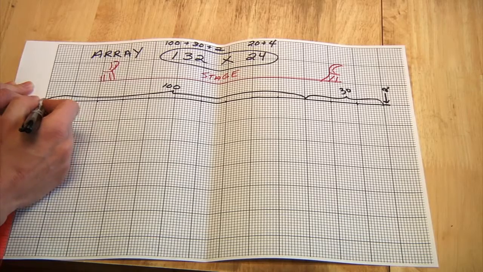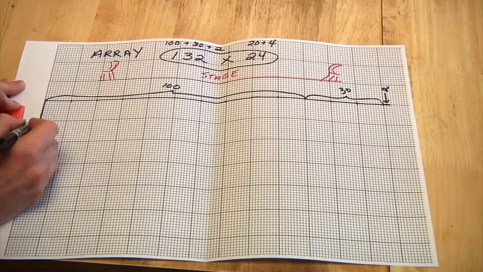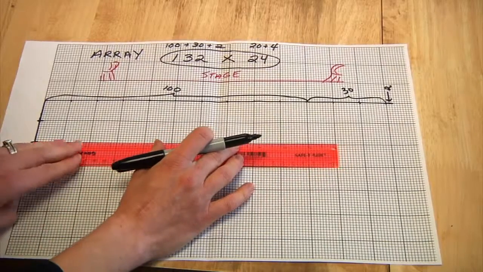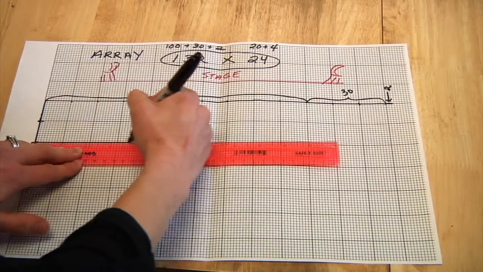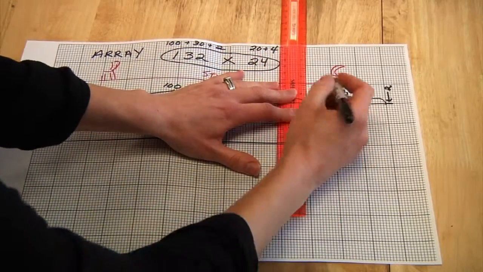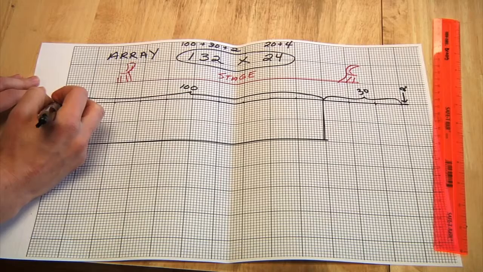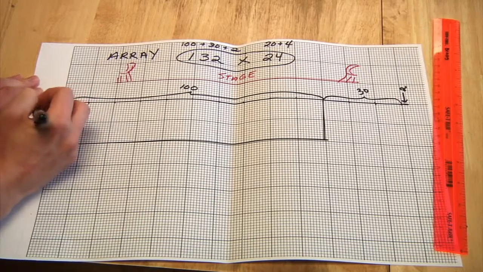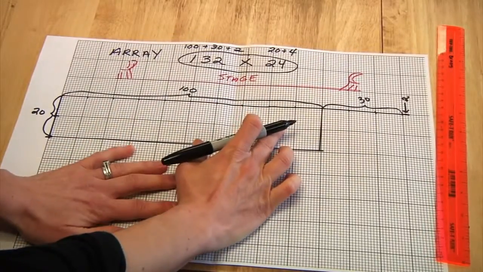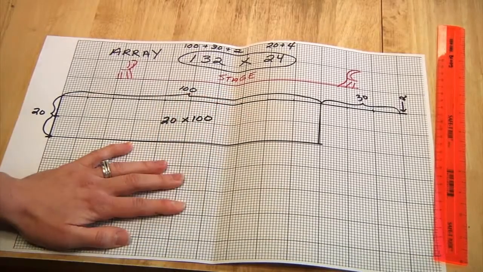So I'm going to come down 1, 2 big boxes, so that's 10, 20, and then I can connect all the way over here like so, and mark off that this is 20 rows. Inside this box, I know I've got 20 rows of 100 chairs.